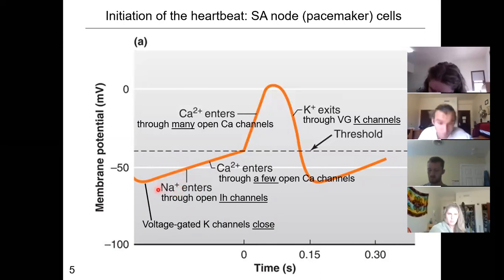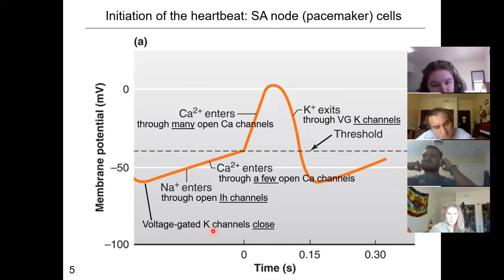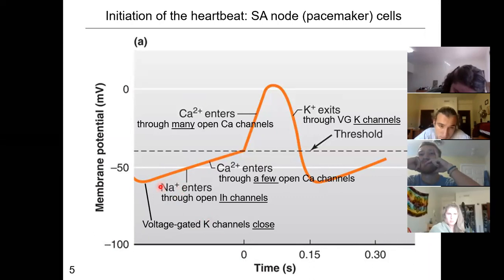Sodium entering, bringing in positive charges, and less potassium leaving, less potassium carrying out positive charges or leaving behind negative charges. Less potassium leaving, more sodium entering, the membrane potential gets less negative, which is what's happening here.